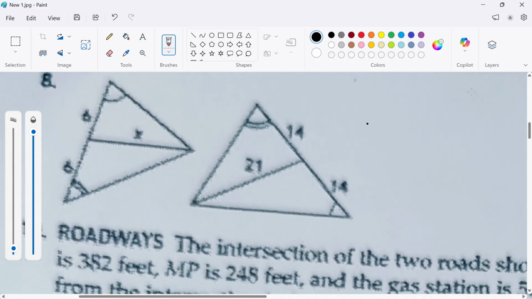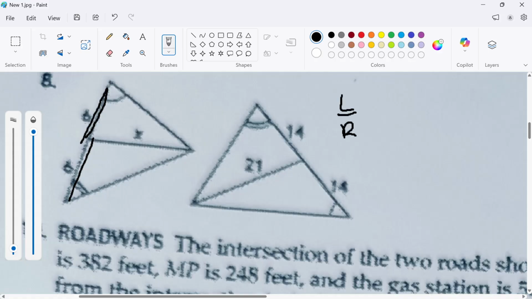Okay, find x. This one, notice they don't cut that top part into equal angles, but it cuts the side into equal segments. So those are called medians. They go from one vertex and they cut the opposite side into equal sectors. So the ratio between the medians is going to be the same as the ratio between the sides. So I'm going to do left to right again.